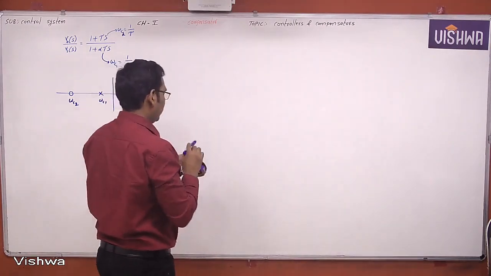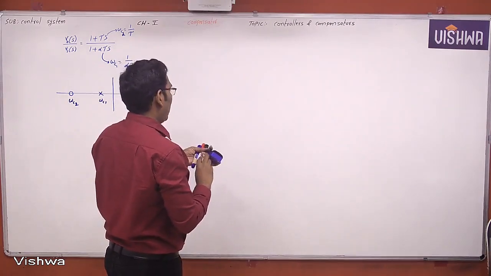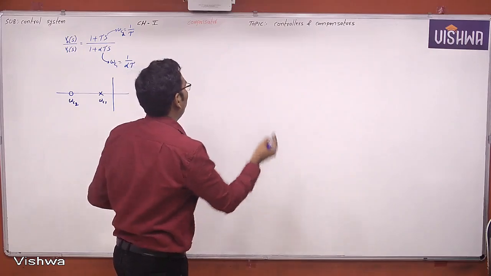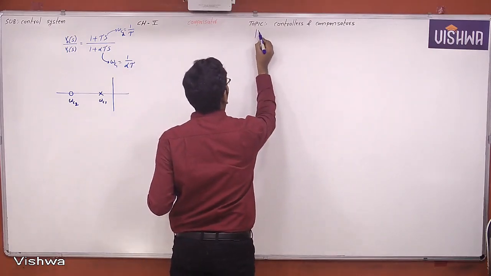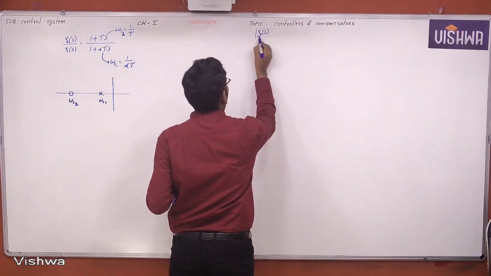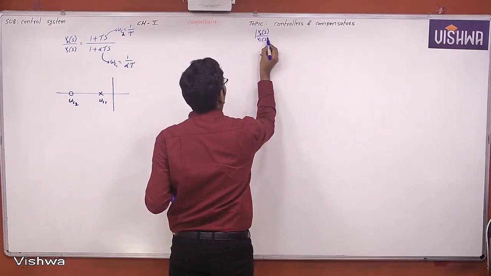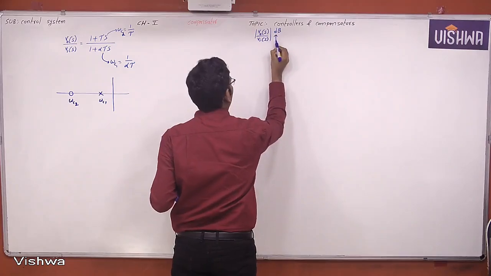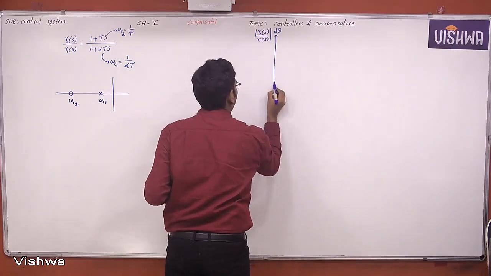So, the magnitude plot: magnitude in terms of dB, of Vo(s) by Vi(s), versus frequency.